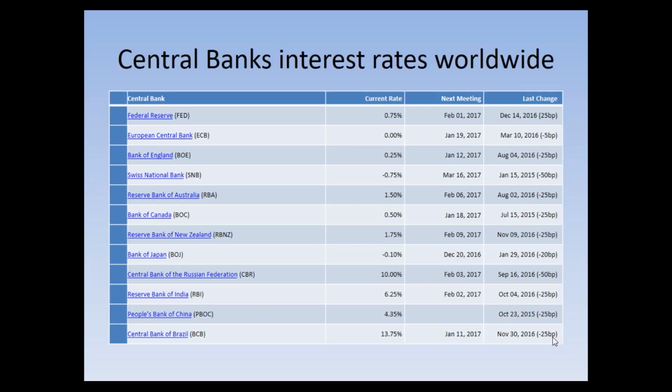I'm sure that you all remember the year 2008 when we had a worldwide financial crisis, and one of the reasons was that there were lots of bubbles on the financial markets. So in order to avoid such situations and to have much more stable growth of the economy, central banks raise the interest rate, the basic rate for all of the commercial banks, and to help the economy grow.